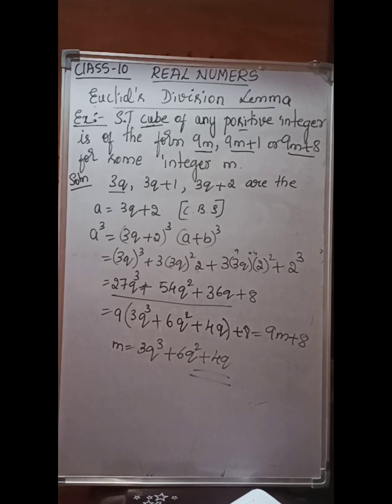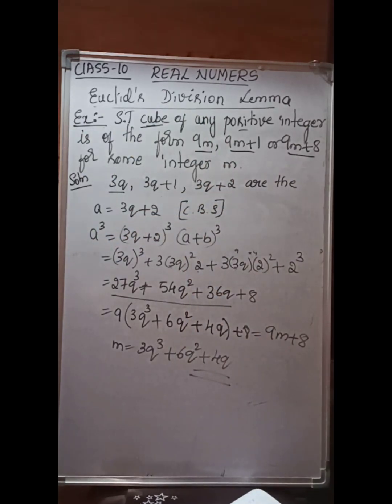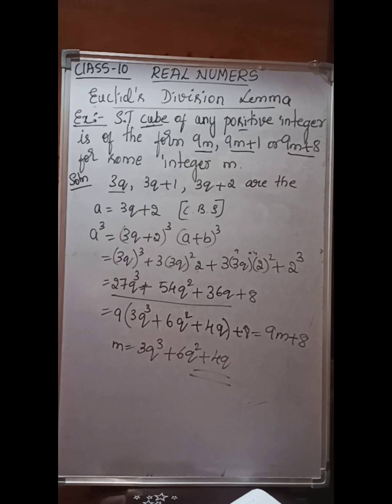Till now what we did is, they already gave one proved statement, and we have to use that proved statement to prove another problem. Clear? So here the already proved statement is nothing but Euclid's division lemma. By using that we will prove that all these numbers will exist in even form and odd form.